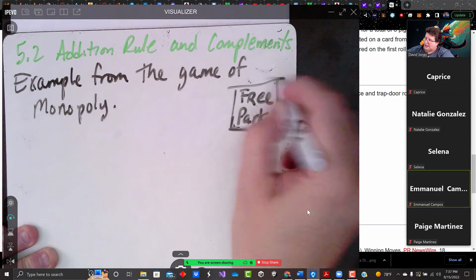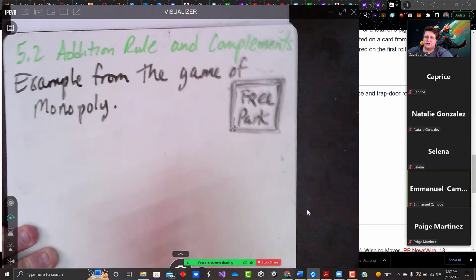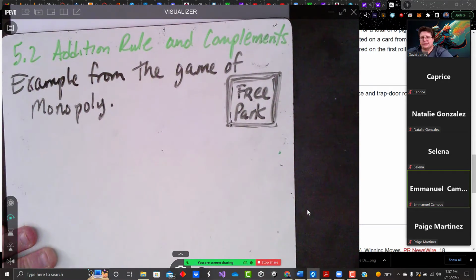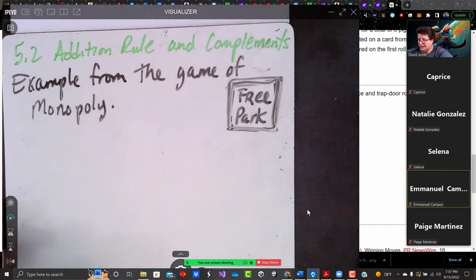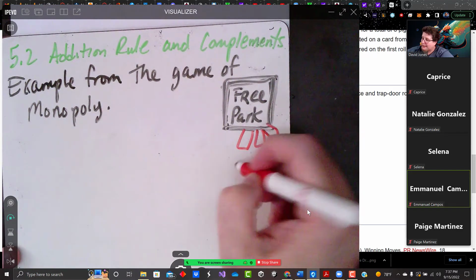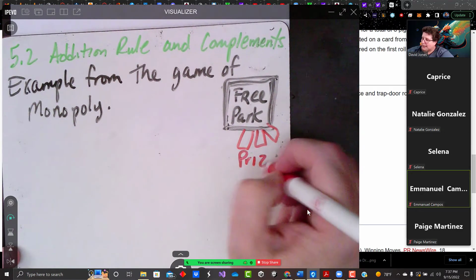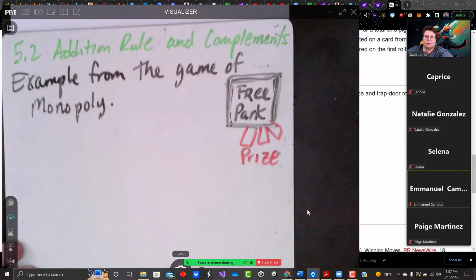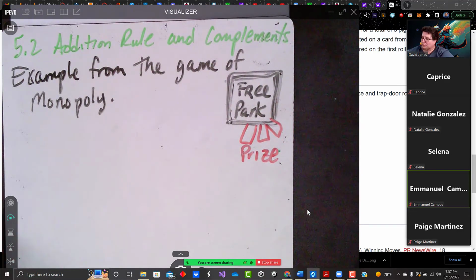When there are a lot of hotels all along the street, that's one of the only safe spots to land. Some families have a house rule where all of your fees and dues get put underneath it, and it's like a jackpot prize when you land on it. If you land on free parking, you get the prize. It's not part of the basic rules, but it's an example. Let's say you are exactly 8 squares from free parking.